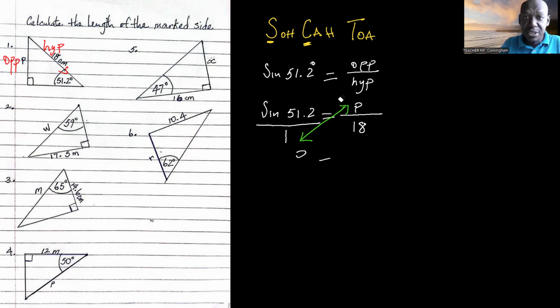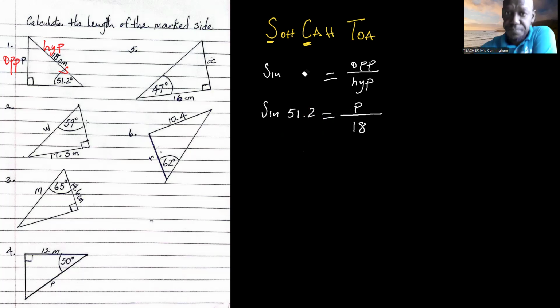it's just a really easy and fast way to do these things. So remember we had sine of the angle. Sine theta, which is the angle, equals the opposite side divided by the hypotenuse side.